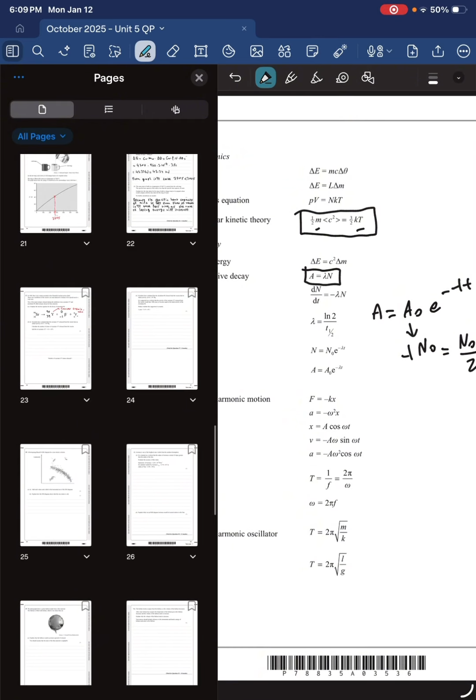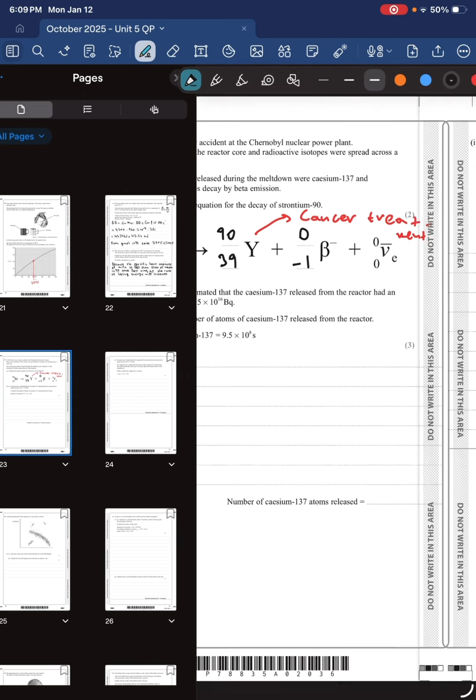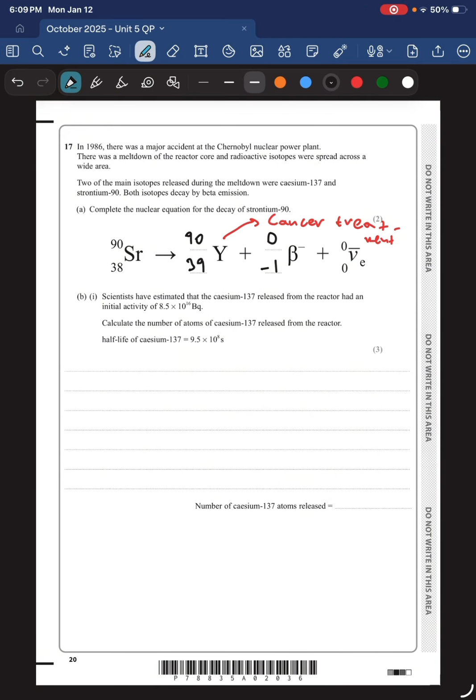In the solution I see in front of me, the one I worked on myself, I think I took some extra steps that are not needed, so they might be confusing. So let's just use that A naught, the initial activity, is equal to the initial number of nuclei over the time constant. So N naught is equal to the time constant times A naught, but they give us the half-life, right?